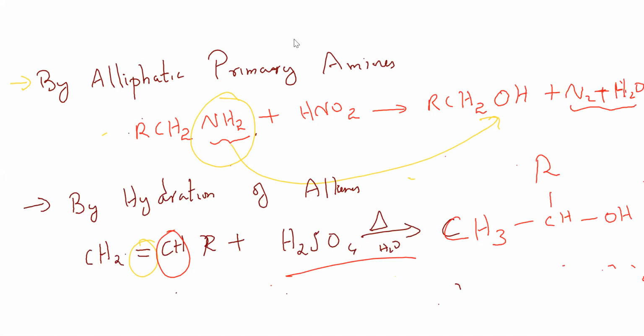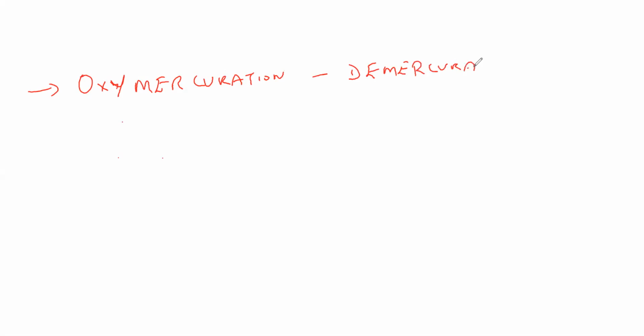Okay. Fine. Next one is oxymercuration and demercuration. The main thing in this is for us to gather knowledge. If we're able to take care of the knowledge, everything will come to us. That's it. So H3C.